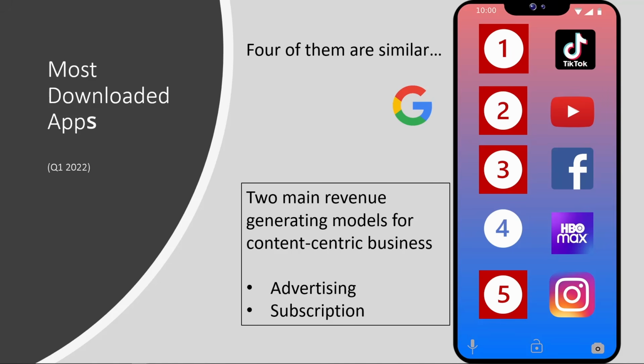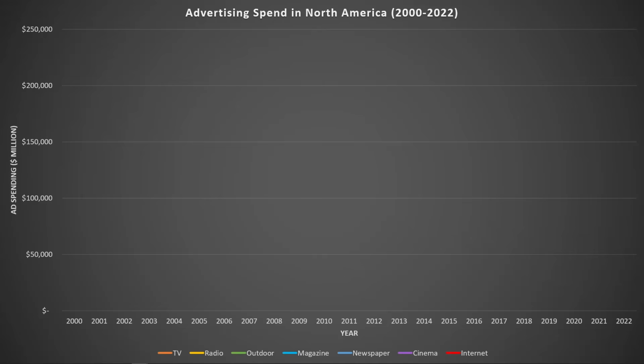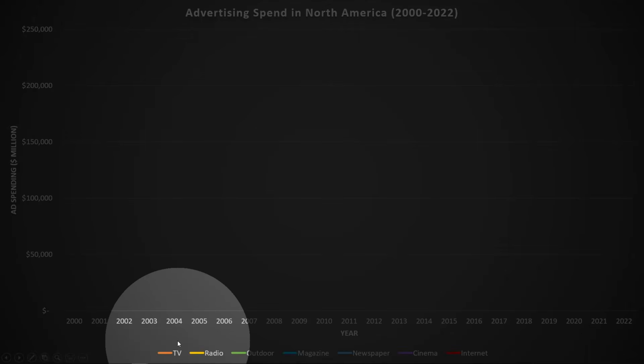So first, let's take a look at the seismic change in advertising over the past 2 decades. On this chart, I'm going to show you the advertising spending in North America between 2000 and 2022. What we are interested in, at the bottom here, are the different mediums where advertising is run.